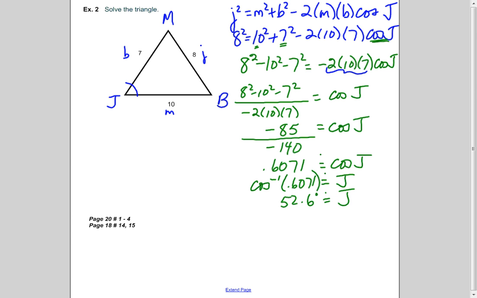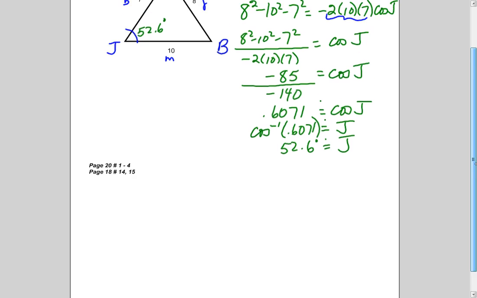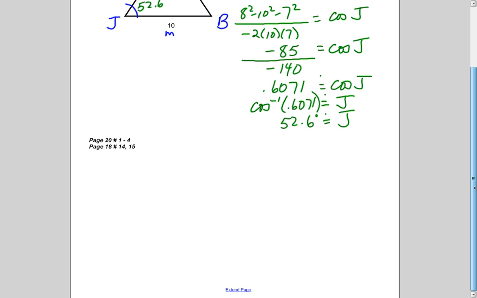I have choices now. I've got one of my angles, so I could use the sine law. I'm going to use cosine law again, just to make sure we've got it. Let's find angle B. To find angle B, I'm going to start with B squared.